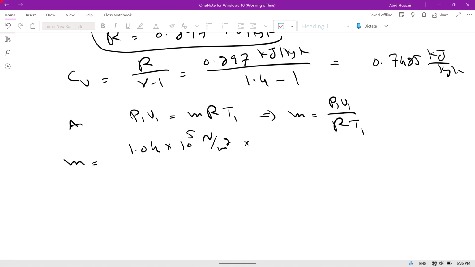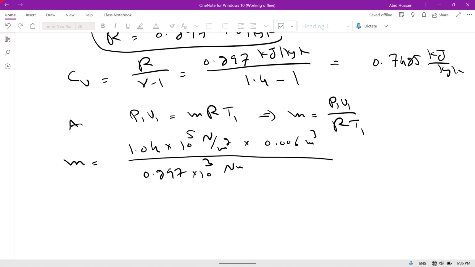V1 is 0.006 cubic meter, which is given, divided by R, which is 0.297 kilojoule. Kilo is 10 power 3 and joule is Newton meter, per kilogram per Kelvin, multiplied by T1, which is 288 Kelvin.